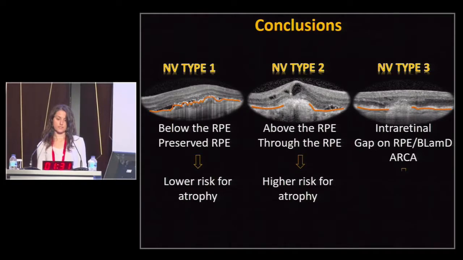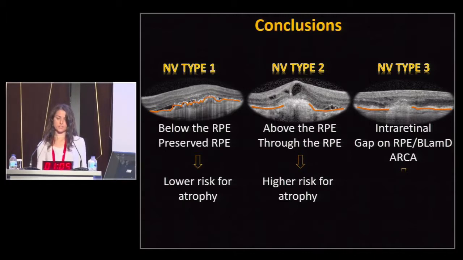So in summary, type 1 lesions are below the RPE and they have preserved RPE, so they have a lower risk for atrophy, despite the fact that we treat with anti-VEGF. Type 2 lesions are going to be located above the RPE, and the lesion broke through the Bruch's membrane and RPE, so they have a higher risk for atrophy.